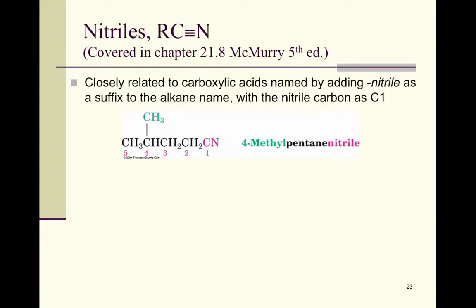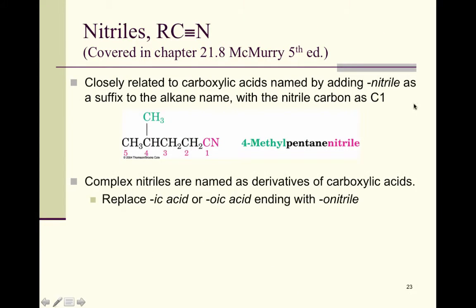So we briefly mentioned nitriles a few slides ago. Nitriles are closely related to carboxylic acids. In naming, we add nitrile as a suffix to the alkane name, and the nitrile carbon is carbon number 1. On this example here, including the carbon in our nitrile, we have 5 carbons.